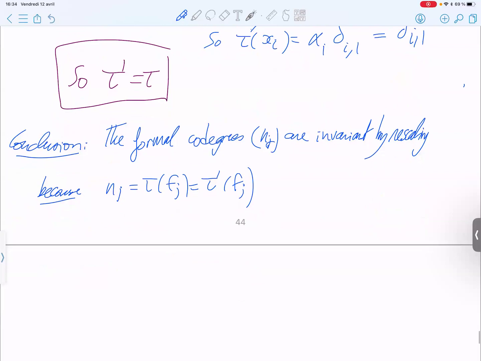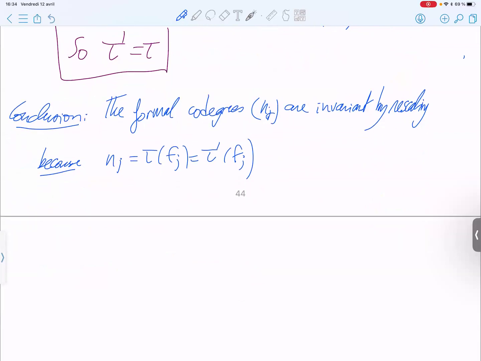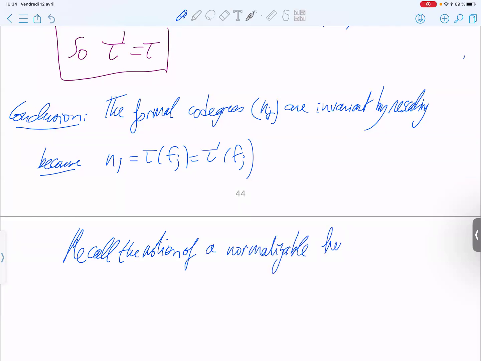Now, we'll consider a normalizable hypergroup. Recall the notion of a normalizable hypergroup from definition 1.5.